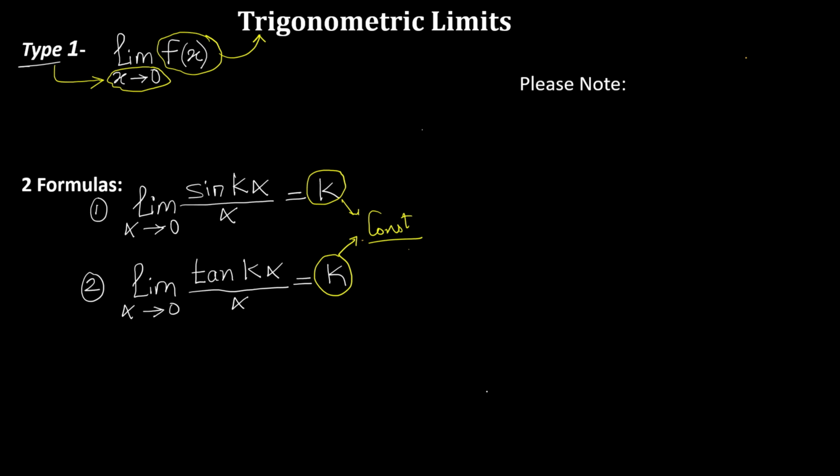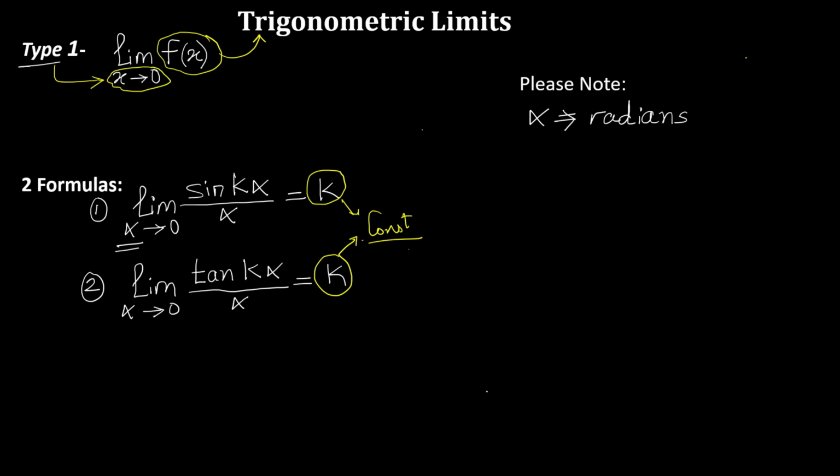Okay, so one important thing that I would like to highlight over here is that the angle alpha, or our variable, especially in this formula, it's mandatory that it has to be in radians. So in order for this formula to be valid, alpha should be in radians.